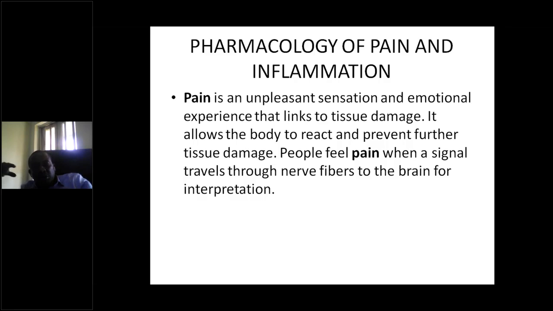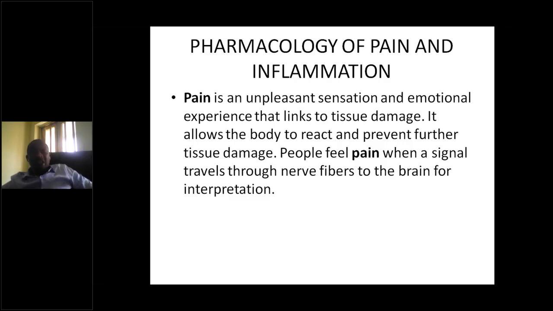People feel pain when a signal travels through the nerve fibers to the brain for interpretation. When there is an injury at a point, there will be the production of chemicals and other neurotransmitters. Then there will be transfer of nerve signals through the nerve fibers to the brain. Then the brain will interpret.